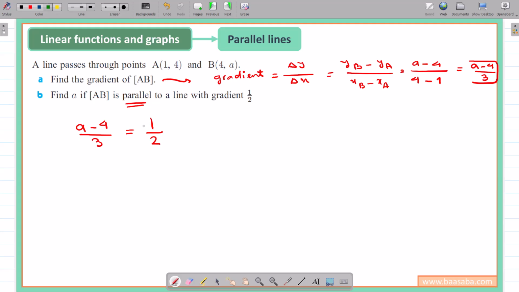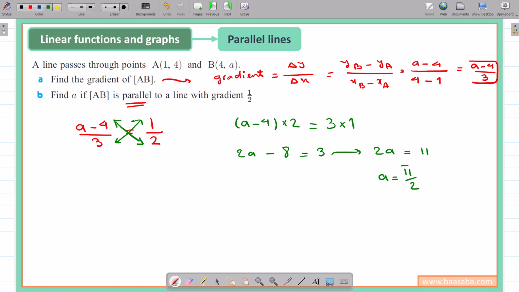We can solve this equation in many ways. I'm going to multiply a minus 4 by 2 equal to 3 times 1. What do we have here? 2a minus 8 equal to 3. 2a is equal to 11. So a is 11 over 2. We found a. Easy peasy.